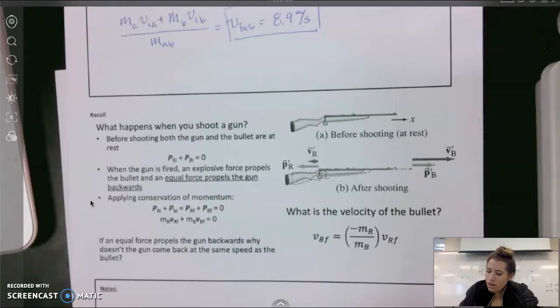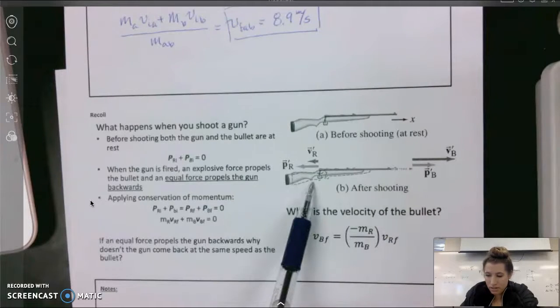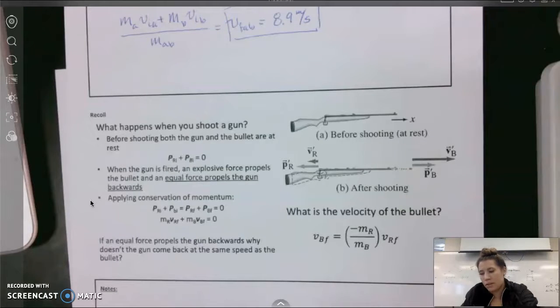And so now the bullet has a velocity and the rifle has a velocity, and we know from Newton's third law of pairs that the force of the gun on the bullet has to be equal in magnitude but opposite in direction to the force of the bullet on the gun. Now that doesn't mean that their accelerations are the same, but it does mean that the force is the same.